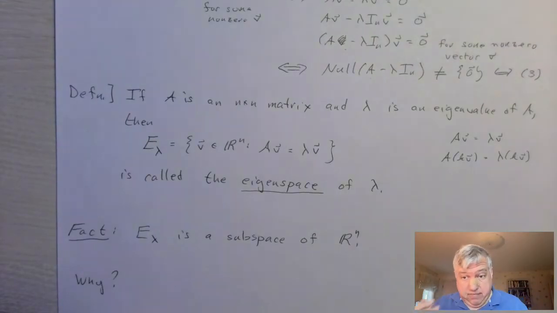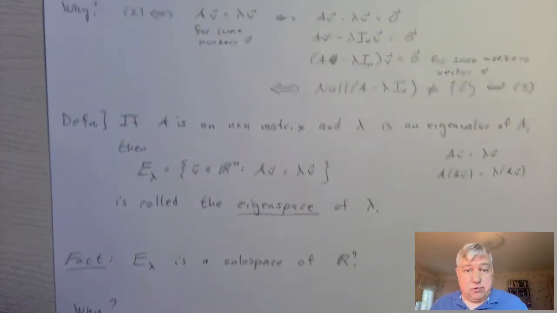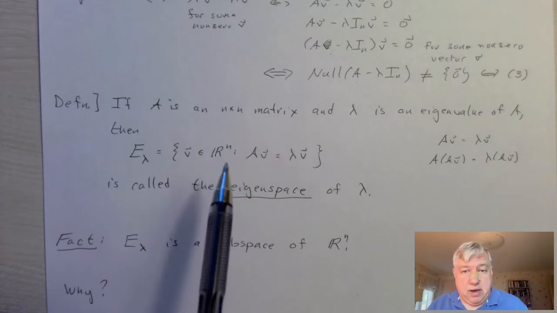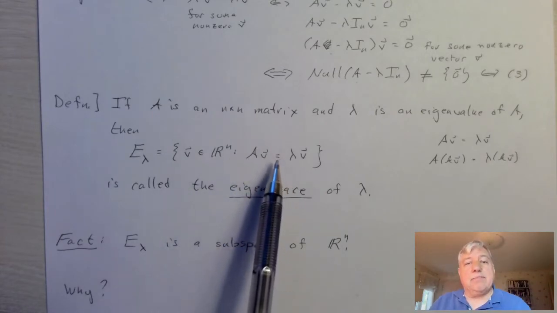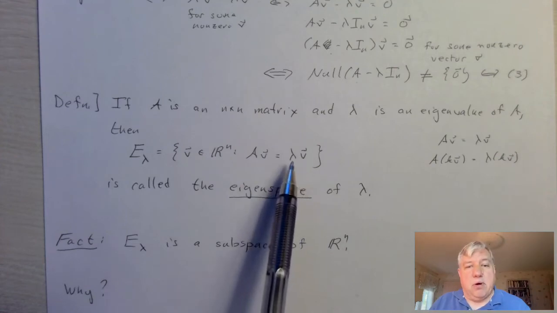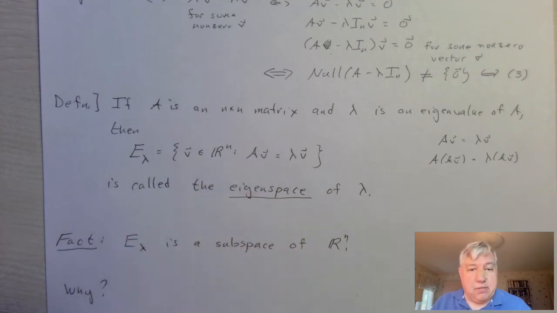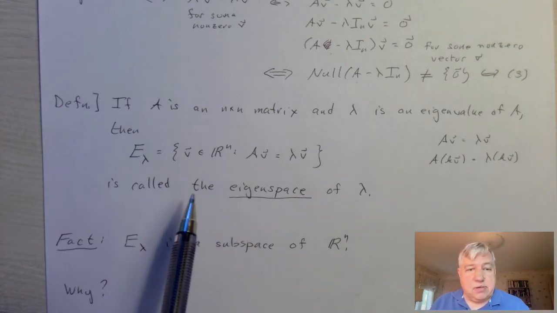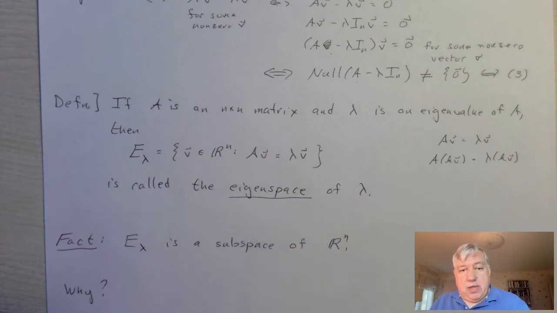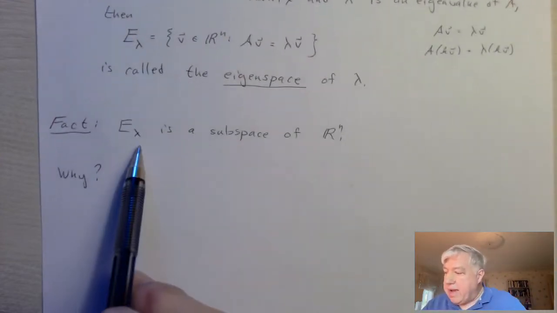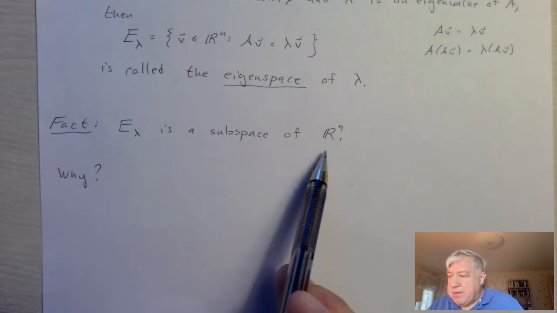So there are infinitely many eigenvectors. If we take all the vectors v that satisfy the equation Av equals lambda v, that is, all the eigenvectors of lambda along with the zero vector, then this is called the eigenspace of lambda. E_lambda, this eigenspace, is a subspace of R^n.